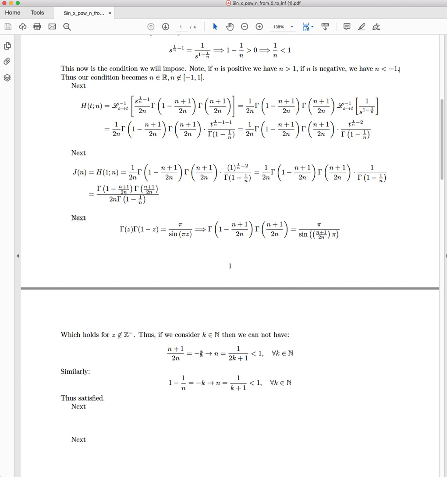But most importantly, for all of the values of k that we're dealing with here, when we plug it into here, we see that the value is less than 1.